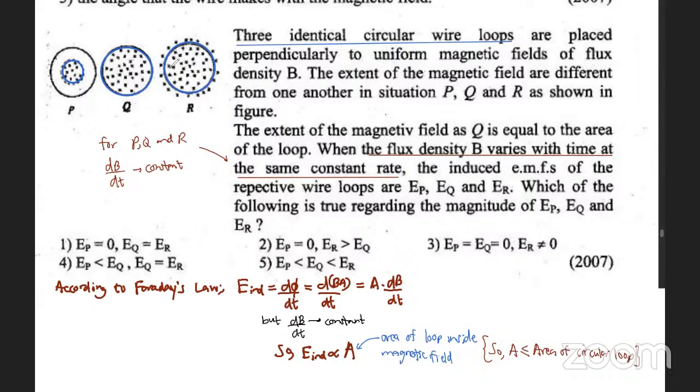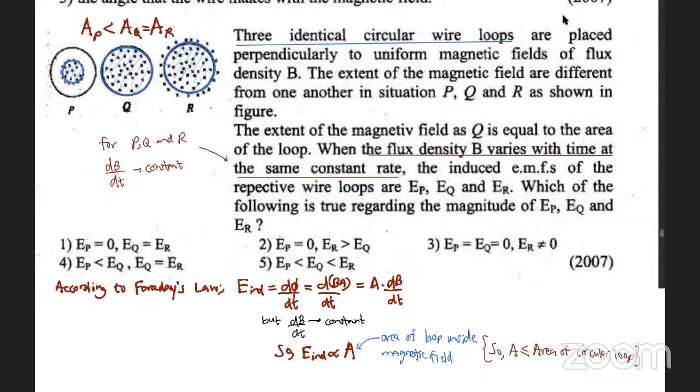Hence, this is the area we have to substitute. When you compare the areas, it's obvious that the area for P is smaller than the areas of Q and R, but for Q and R, the areas are equal because the entire loop is exposed to the magnetic field.